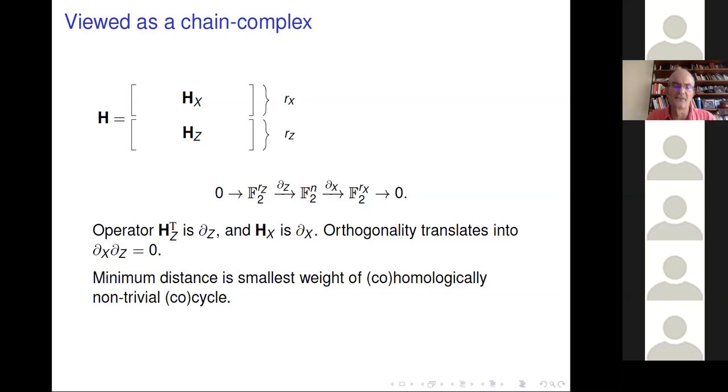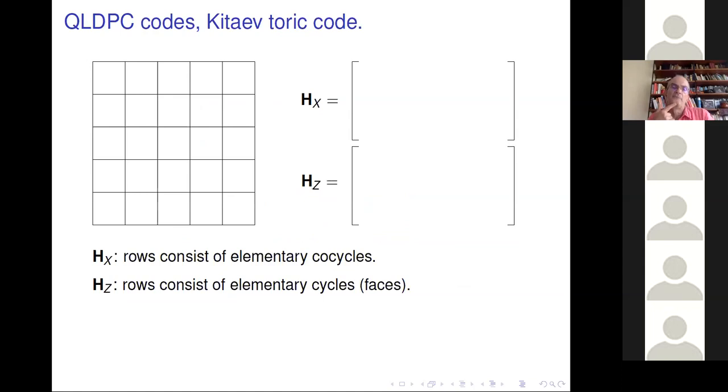Elements of the kernel we call cycles, and the relevant objects are cycles which are not boundaries. These are the non-trivial cycles that we're looking at, and the minimum weight ones give the minimum weights, the distances that we've just defined for our quantum codes.